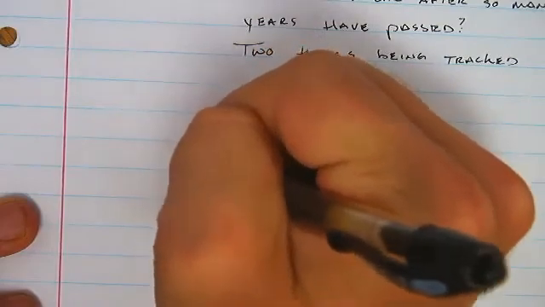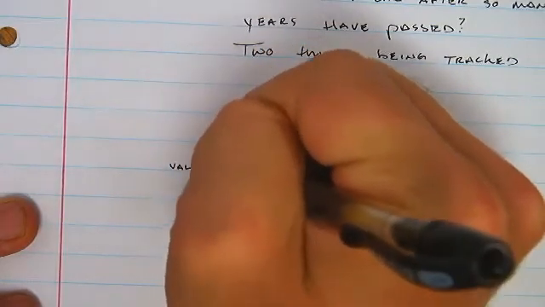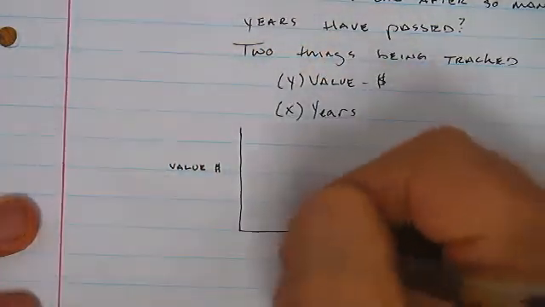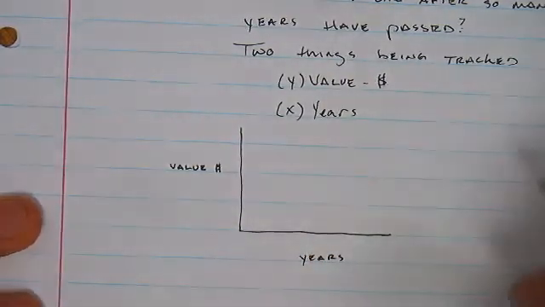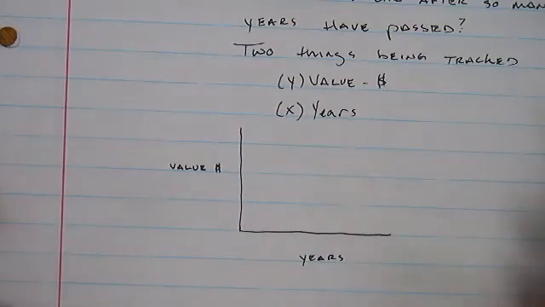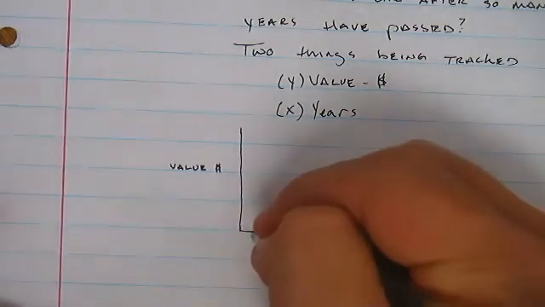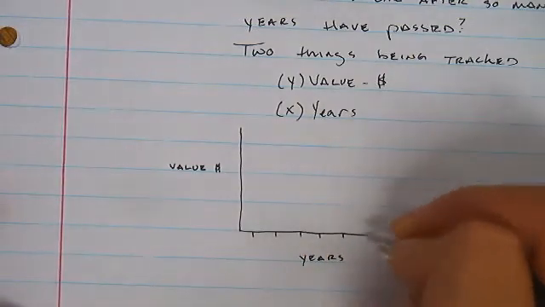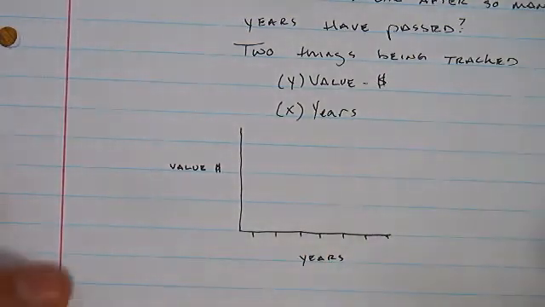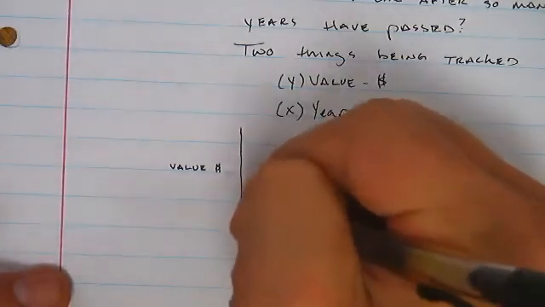So we're going to say value in dollars, and years for our x-axis. And this very much lends itself to science, where we're creating some sort of representation, and we can look at what that car's value is doing over a certain amount of time.